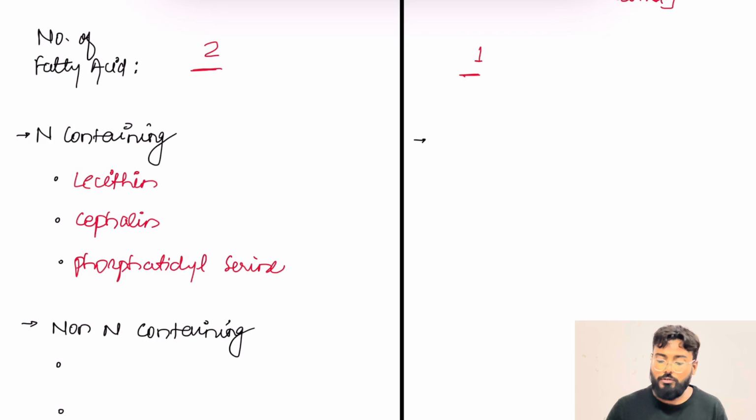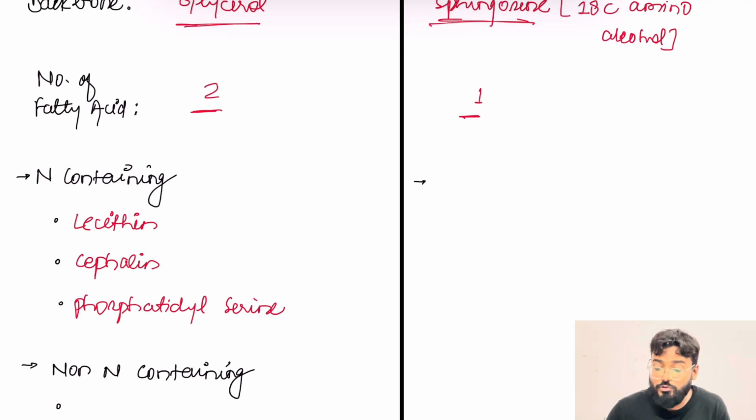These are the glycerophospholipids where the base is nitrogen containing. The examples are lecithin, cephalin, and phosphatidyl serine.